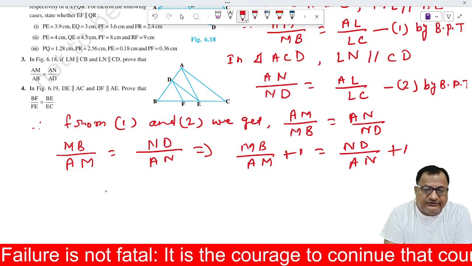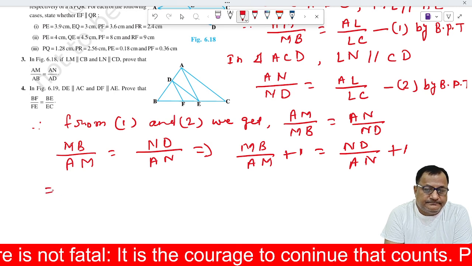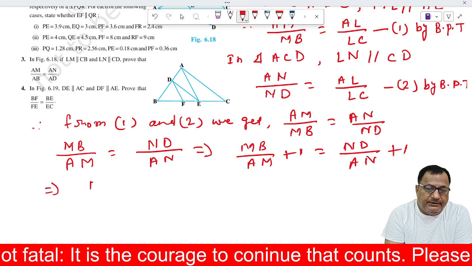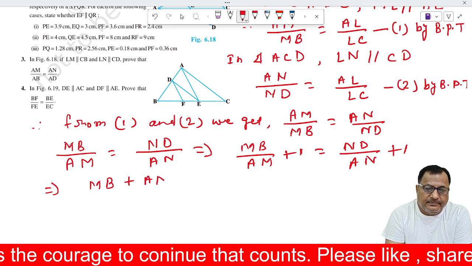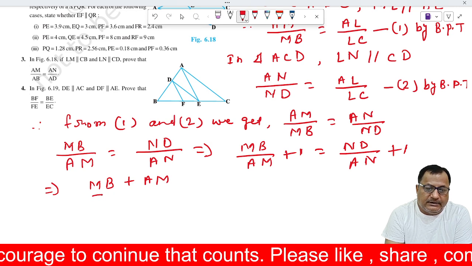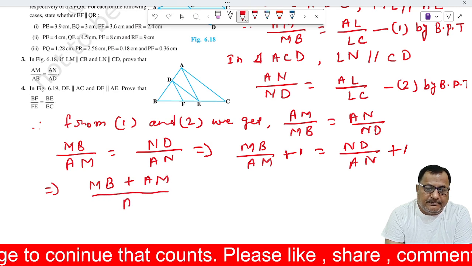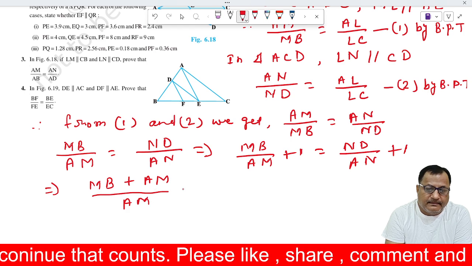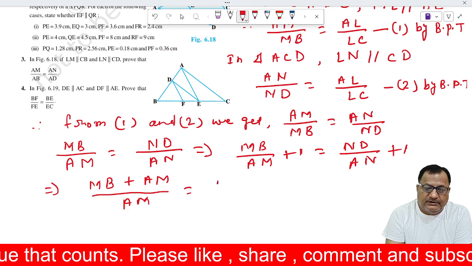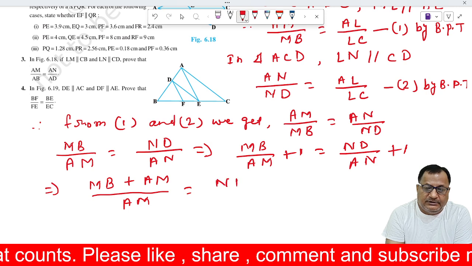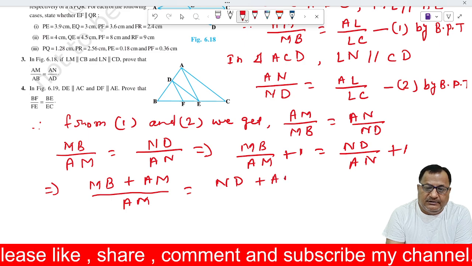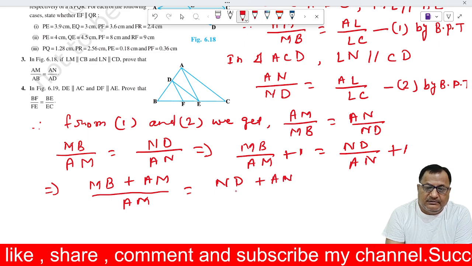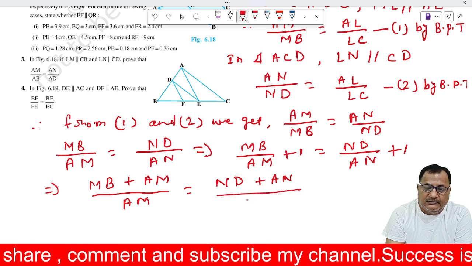If we take LCM, then MB plus AM divided by AM is equal to, similarly, ND plus AN divided by AN.